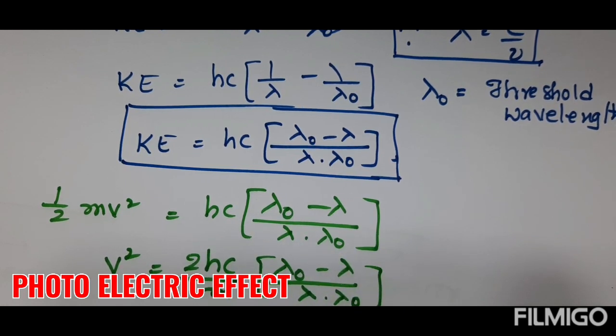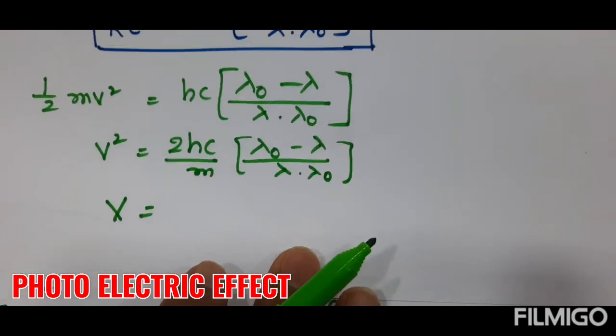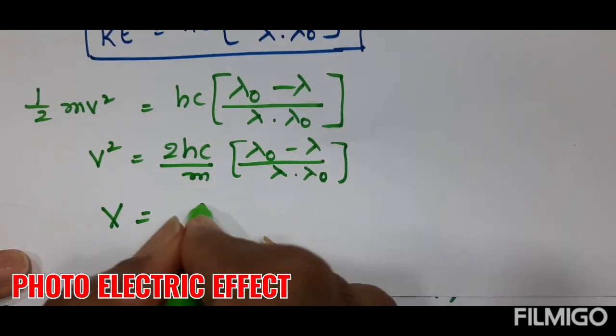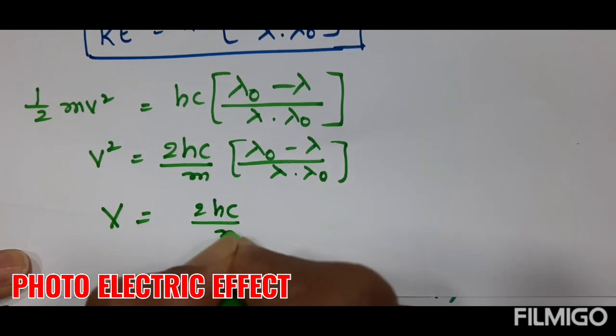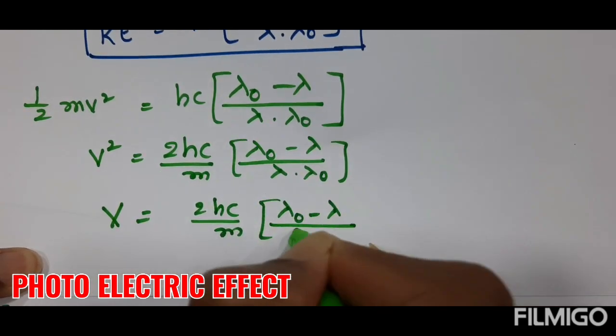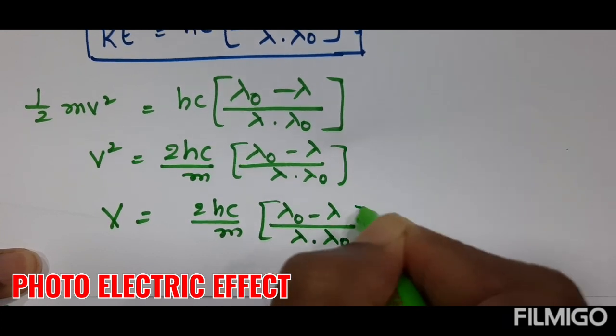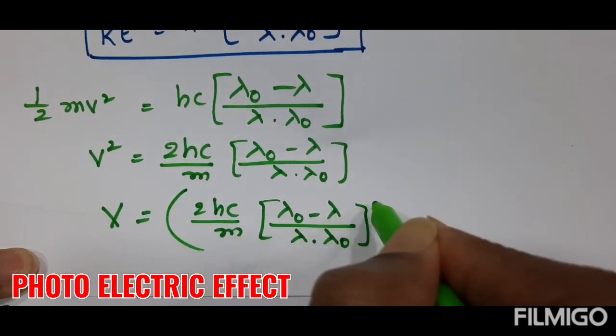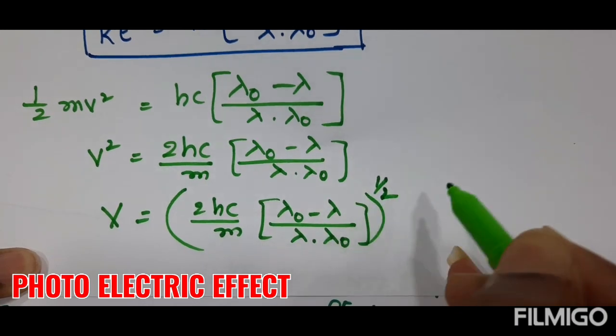Finally, V is equal to 2hc by m into lambda naught minus lambda by lambda into lambda naught, whole power 1 by 2.